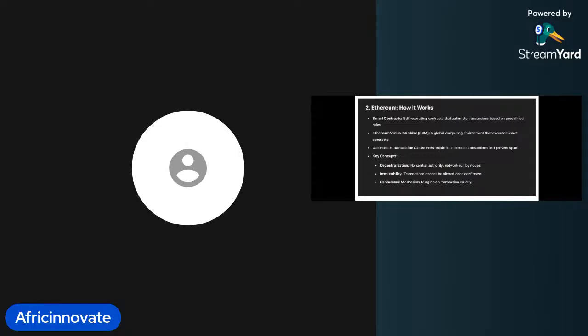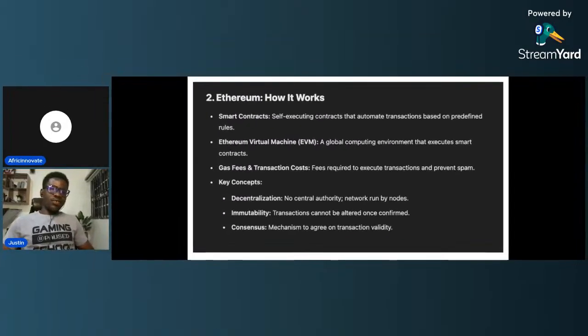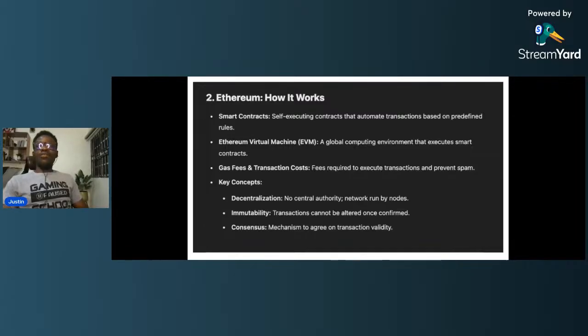So the introduction of gas fees is making Ethereum secure and stopping it from being spammed anyhow. So gas fees and transaction fees are required to execute transactions and prevent spam.